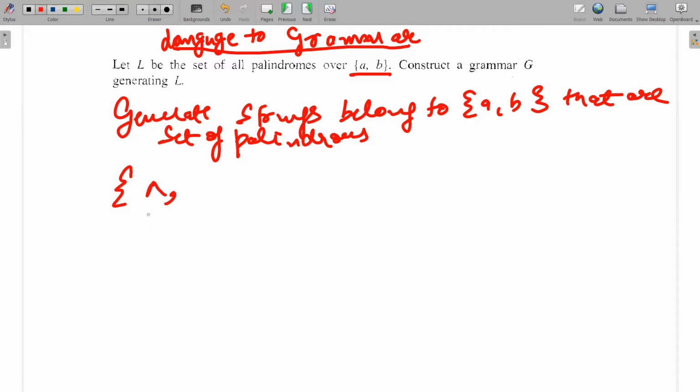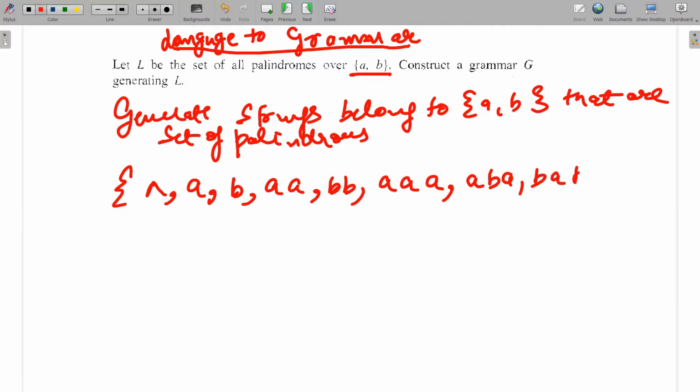Null can be one palindrome. A can be one palindrome. B can be one palindrome. AA, BB, AAA, AB A. There are so many infinite palindromes, so you're not going to write all of them. But it's very important to find out how you can generate rules.